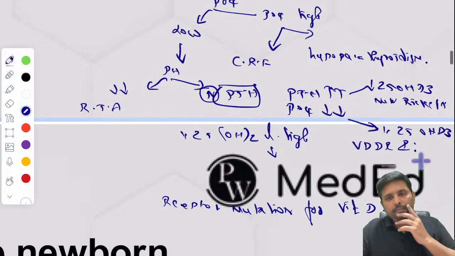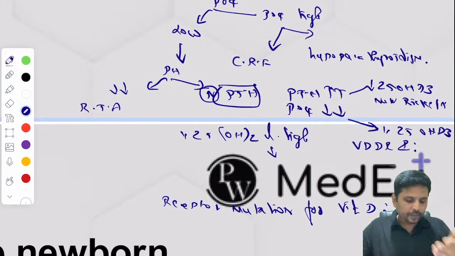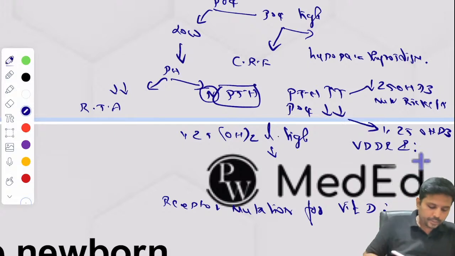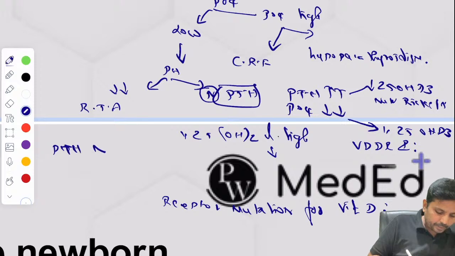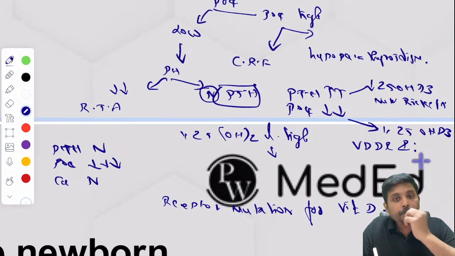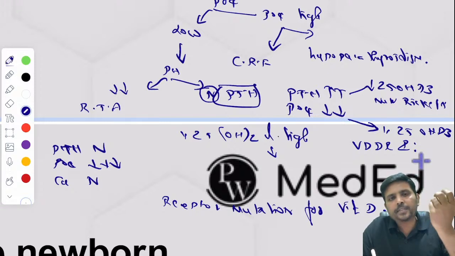So these are all the approaches to rickets. And another point is parathyroid hormone PTH will be normal, but phosphorus is low. Calcium will be normal. So what does it indicate? Whenever hypocalcemia occurs, your parathyroid hormone responds by secretion.